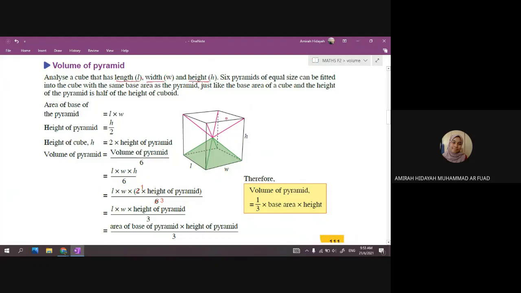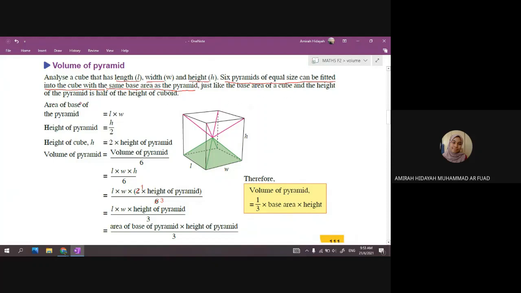So dalam sesebuah cuboid, kita boleh insert 6 piramid yang equal size. 6 pyramids of equal size can be fitted into the cube. Okay, with the same base area of the pyramid.